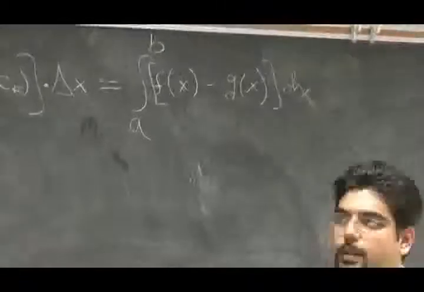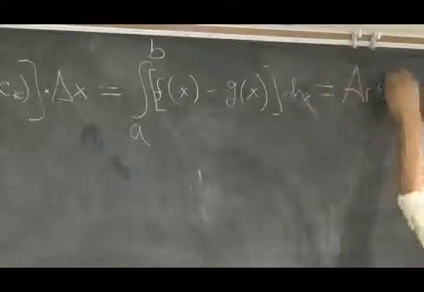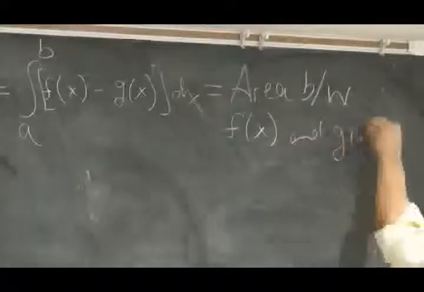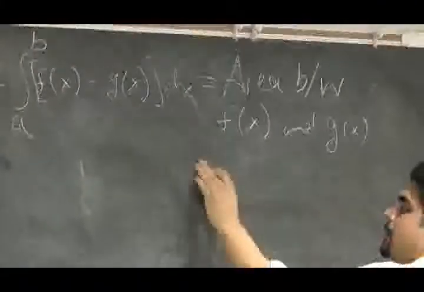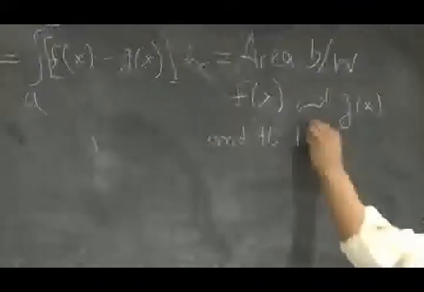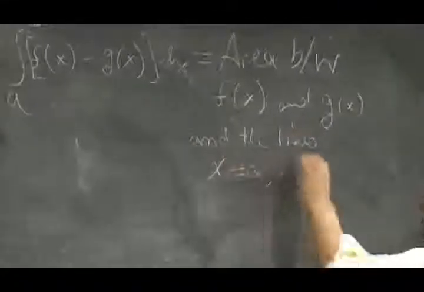Okay? That's what we cut out in subintervals, a to b. So this is the area between f of x and g of x and the lines x equals a, x equals b.